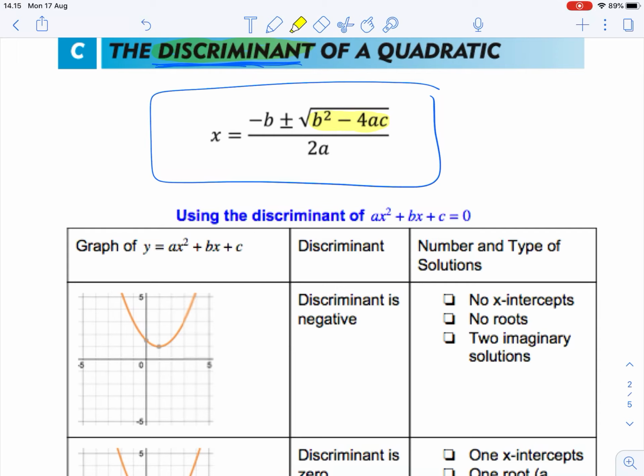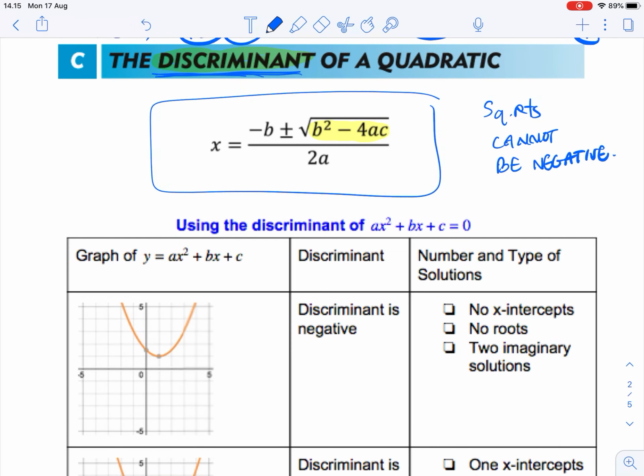Now, this is interesting, of course, because we know that square roots cannot be negative, right? So we can use this to determine what type of roots we have.